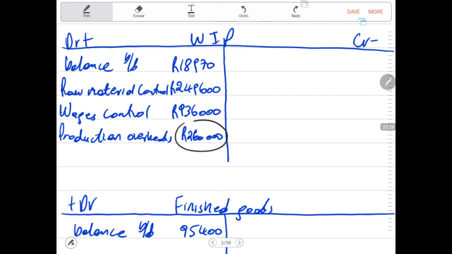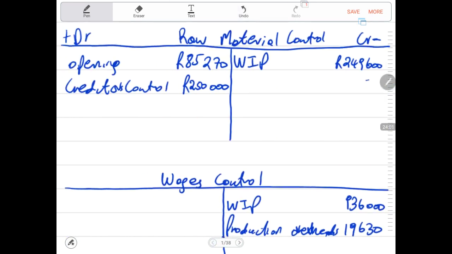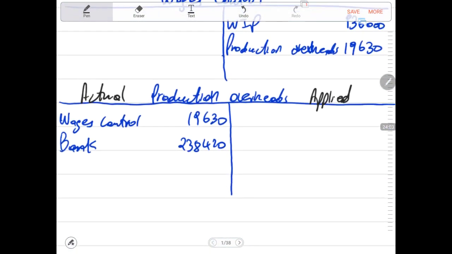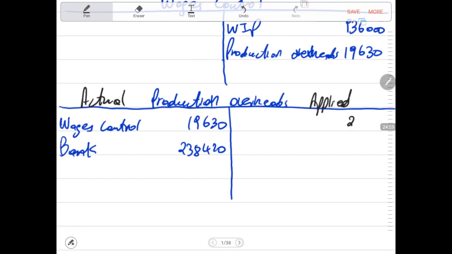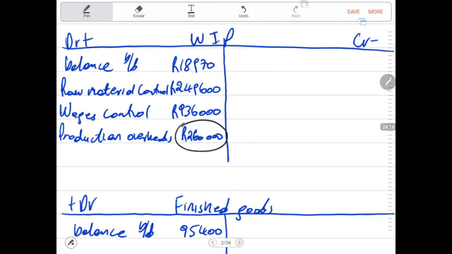For every debit entry there should be a credit entry on the production overheads of 260,000 rands, and that will say work in progress because that is where this amount is coming from, or the contra entry for it. So now we know that on the debit side of the work in progress, what do we record?